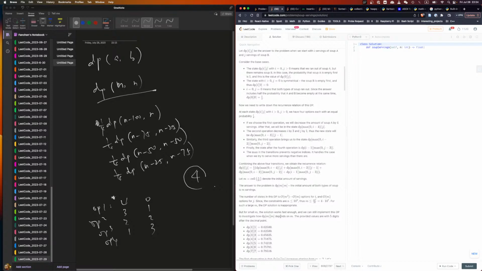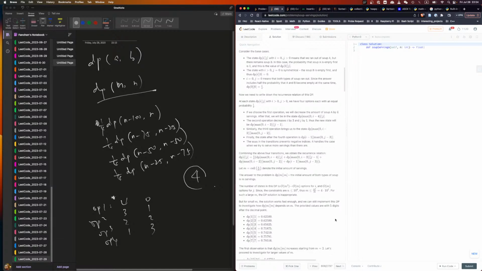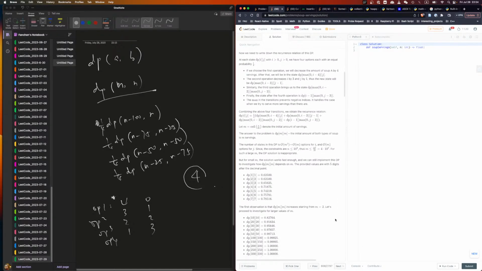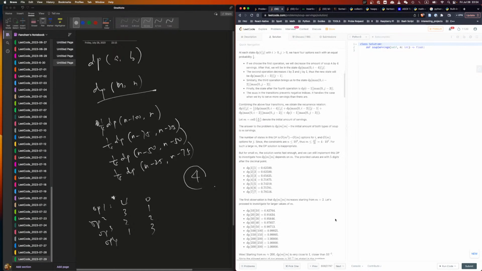How the DP depends on m. Where the values are with 5 digits after the decimal point. Oh, you gotta be kidding me.